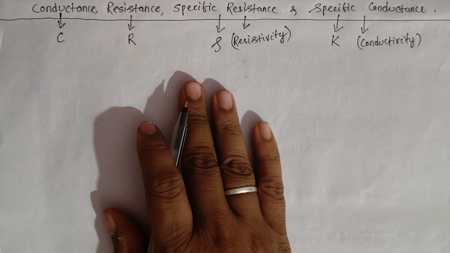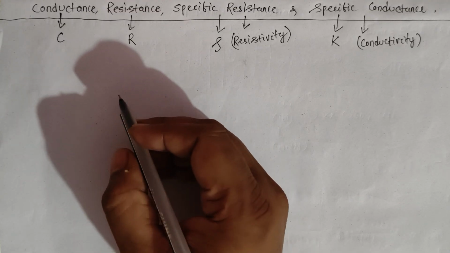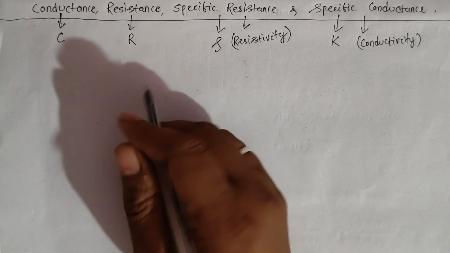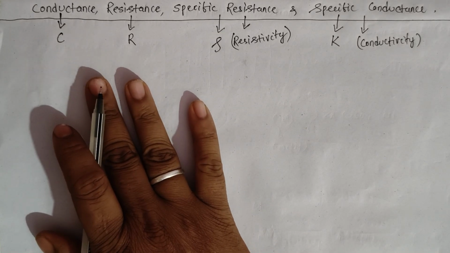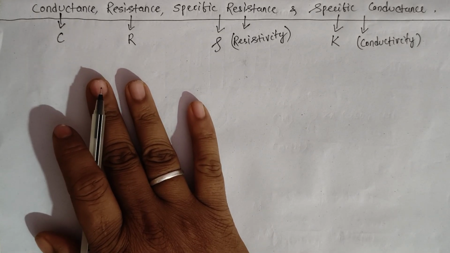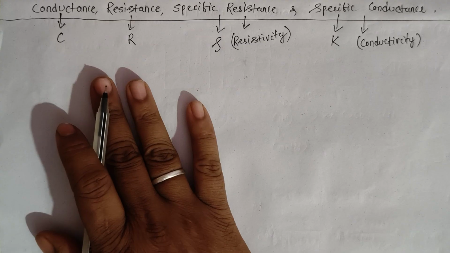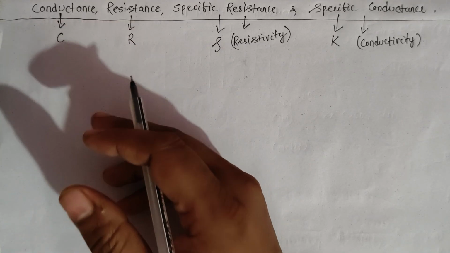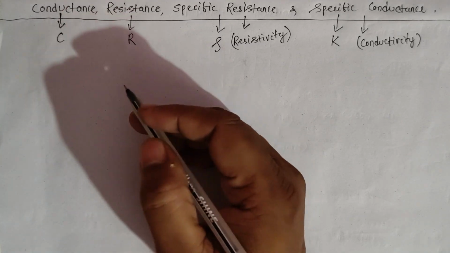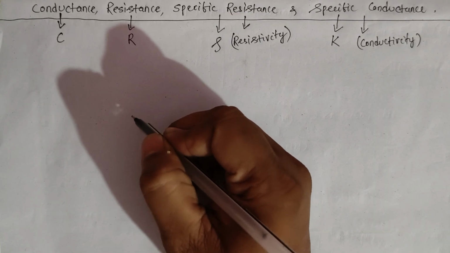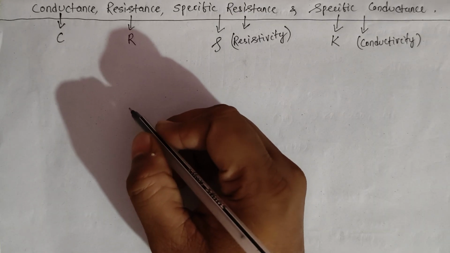So what is conductance? Normally conductance means the ease of flow of electrons. Ease of flow of electrons or ease of movement of electrons is known as conductance. Let me take a simple example first for all of you.